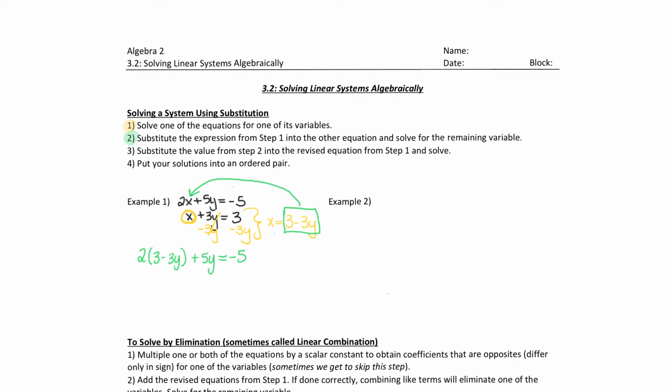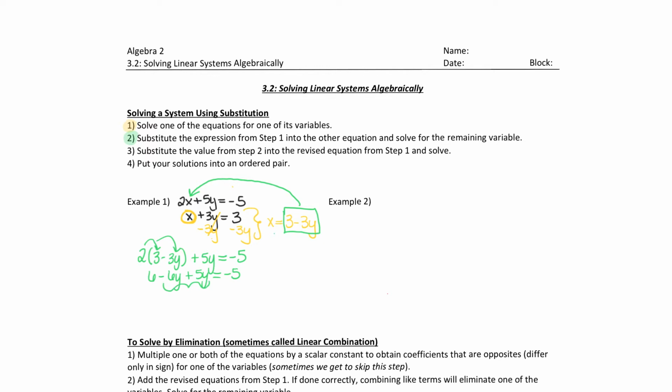Notice all the x's are gone in my equation and I only have y's, and it's time to solve for y. So I'm going to use the distributive property to distribute this 2. So I'll have 2 times 3 is 6, and then 2 times negative 3y gives me a minus 6y, plus a 5y equals negative 5.